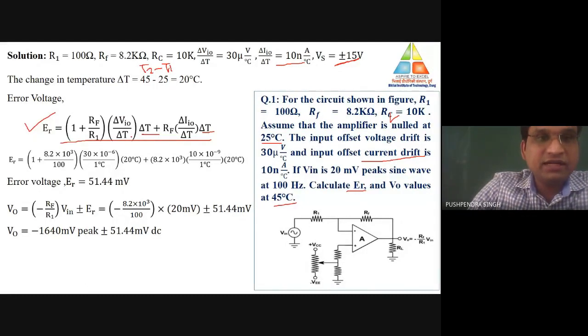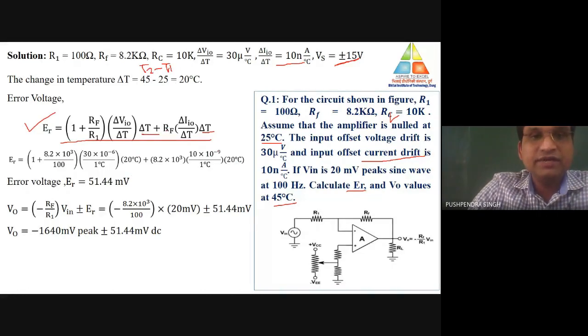Now the value of del VIOS divided by del T is given as 30 microvolt per degree centigrade, so we have substituted that here. The value of del IIOS divided by del T is nothing but the input offset current drift, which is given as 10 nanoampere per degree centigrade, so we have substituted that here, with del T as 20 degrees centigrade.